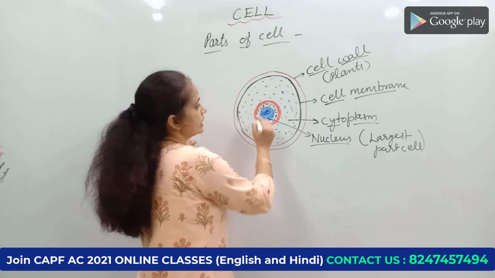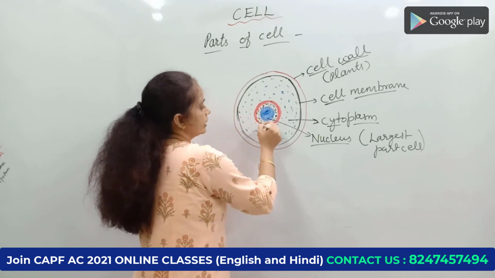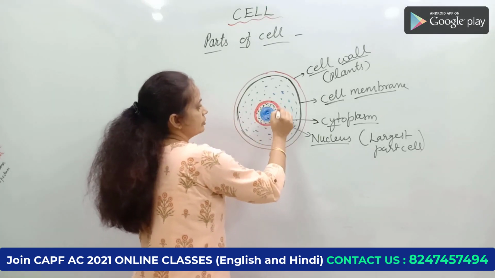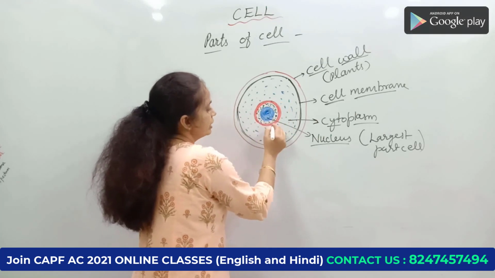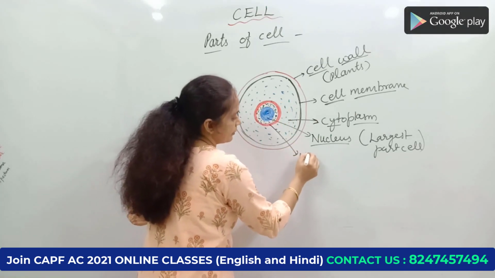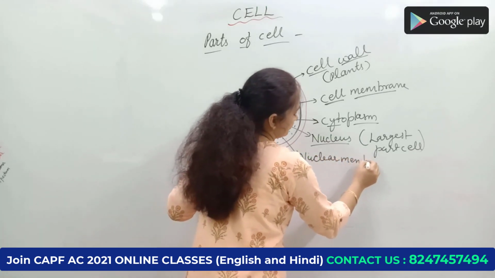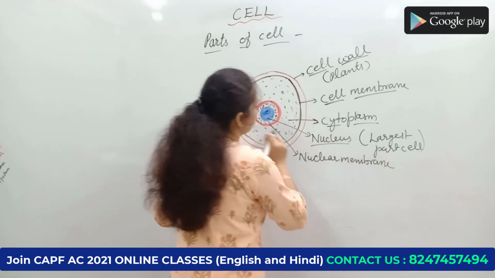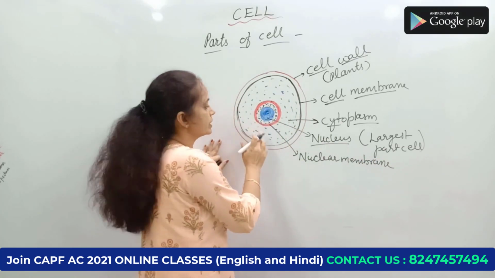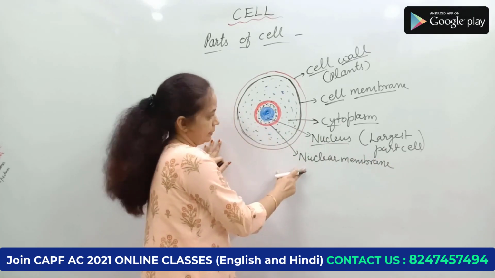The nucleus has an outer covering again. The nucleus is protected by an outer membrane called the nuclear membrane. So the outermost layer of the nucleus is called the nuclear membrane.